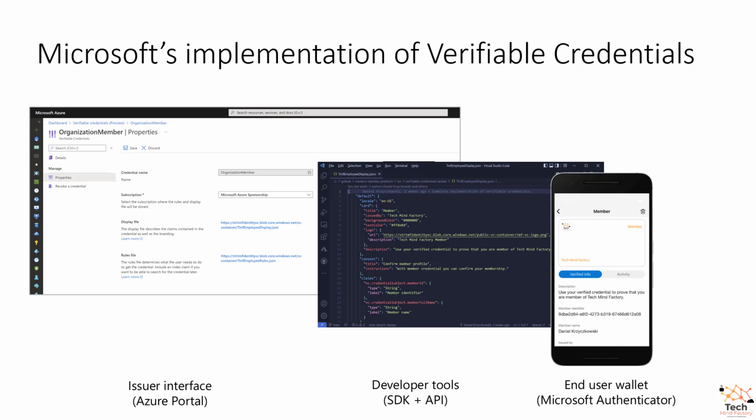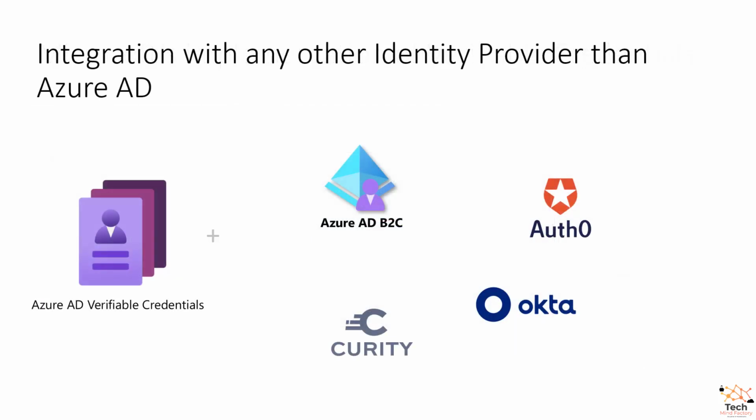And in the end, we have this user wallet, the Microsoft Authenticator app. This is the place where you can see the issued verifiable credentials. And of course, you can use the Authenticator app to present your verifiable credentials to some of the platforms you want to have access to.